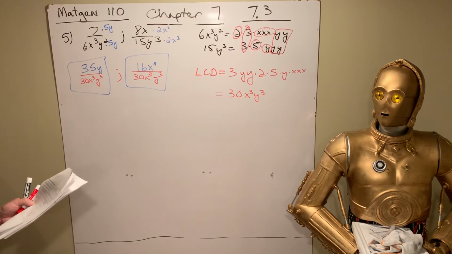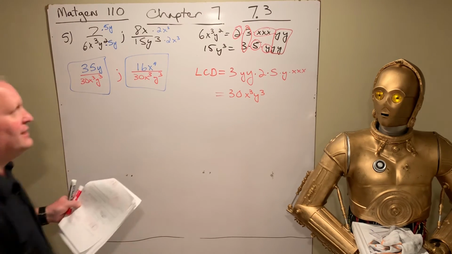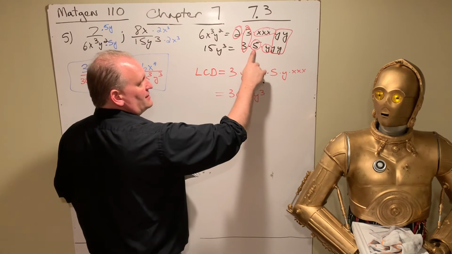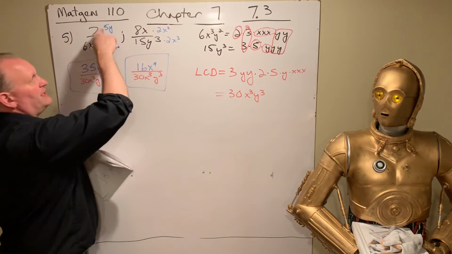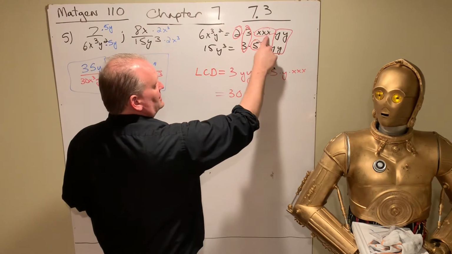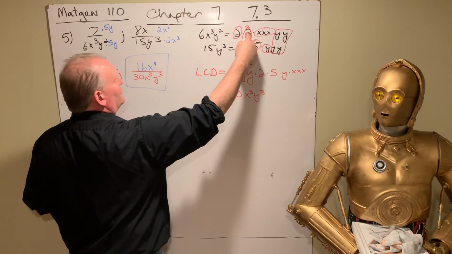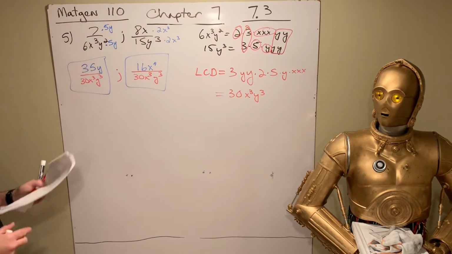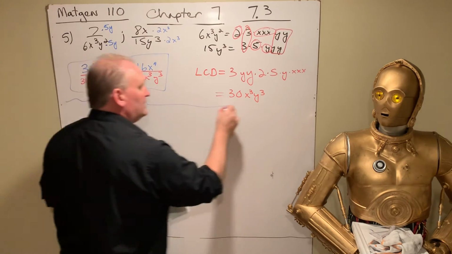Now, if you're very clever and you look back at this work, I had a student point this out one year, that look, the leftover ones, the 5 and the y, the singular circled ones, that's exactly what we had to multiply on the other one. And the 2 and the x to the 3rd, that's what we had to multiply on that one. So it's sort of like the leftovers are the ones that you end up having to multiply to get the common denominator. So if you have that work handy, it actually makes the problem a little easier.